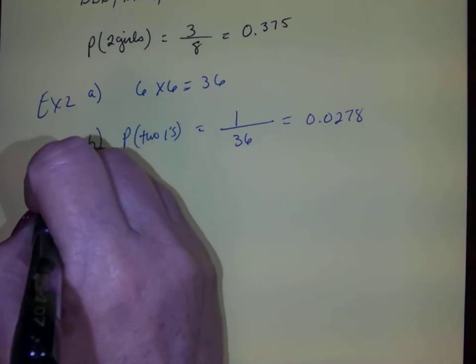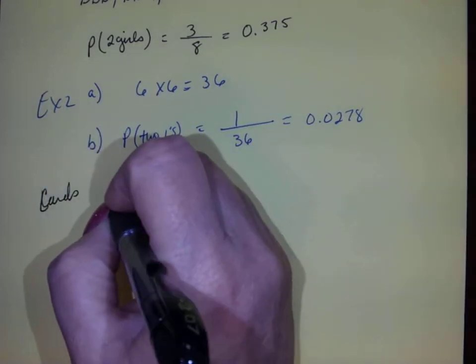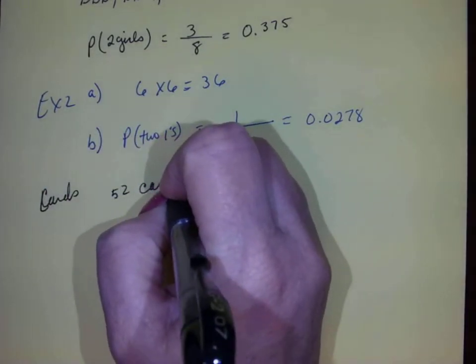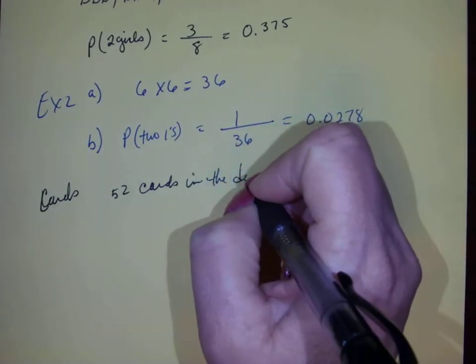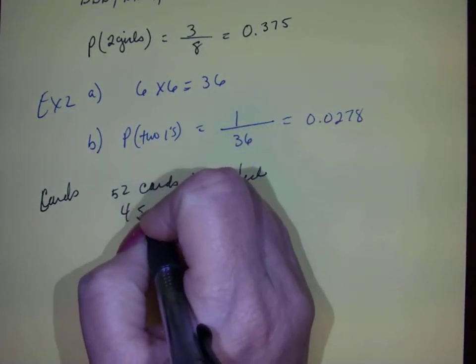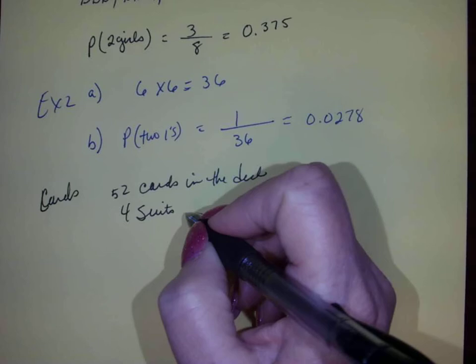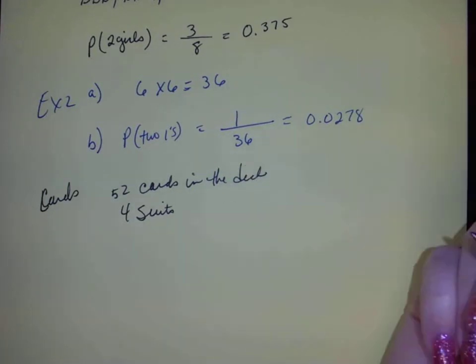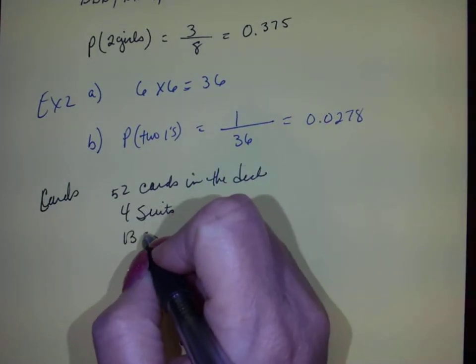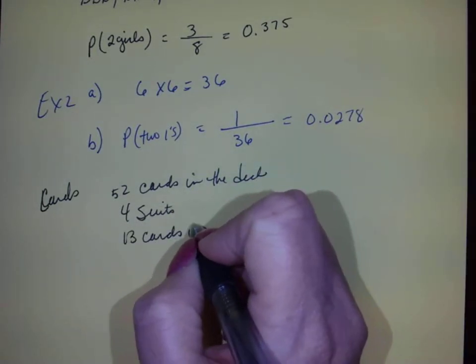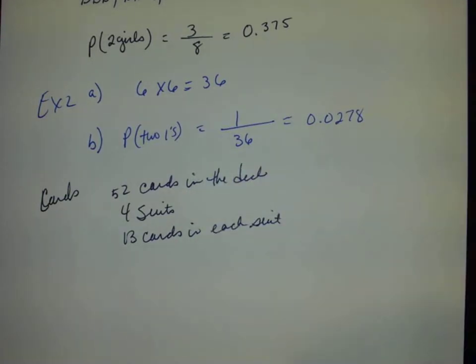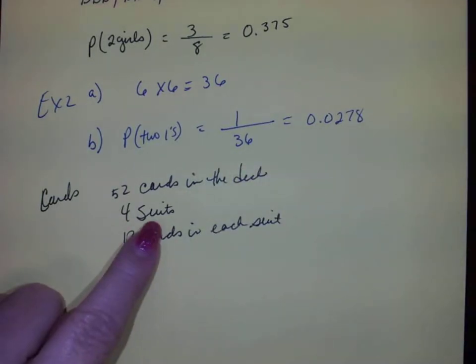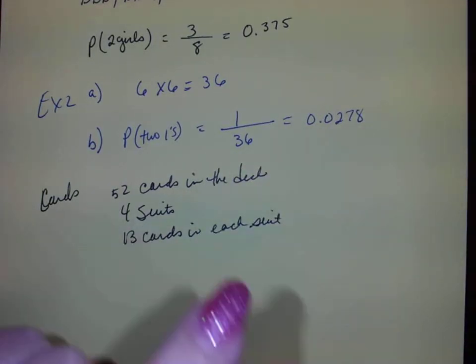So we're just going to look at cards for a minute. There are 52 cards in the deck. There are 4 suits, and there are 13 cards in each suit. So you need to know that those suits are hearts, diamonds, clubs, and spades.